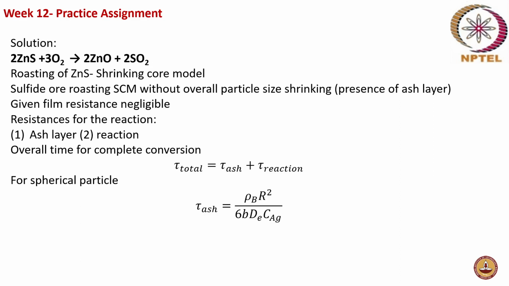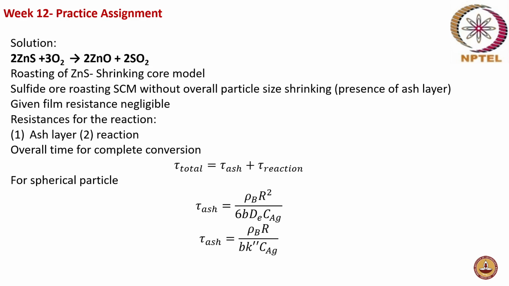For a spherical particle, tau of ash layer is rho B into R square divided by 6 b into D_e into C_Ag, where rho B is the density of the particle, R is the radius of the particle, b is the stoichiometric coefficient, D_e is the effective diffusivity, and C_Ag is the gas concentration.